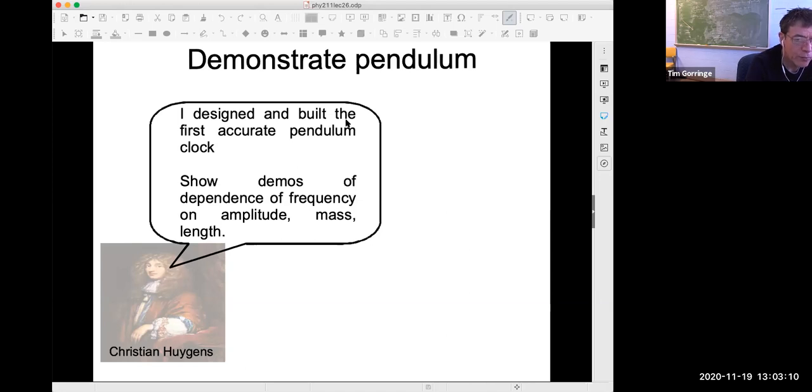I just noticed from Isabel, there's a question in the chat, which is an interesting question, actually, so I want to answer that. I gave several equations for the restoring force for the pendulum. So one was W sine theta, or mg sine theta. That one's exactly correct.